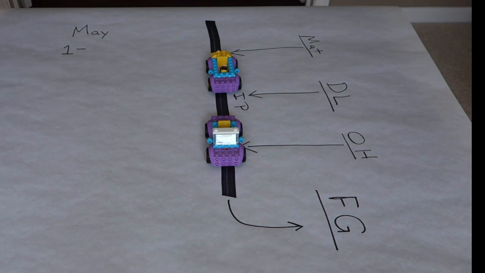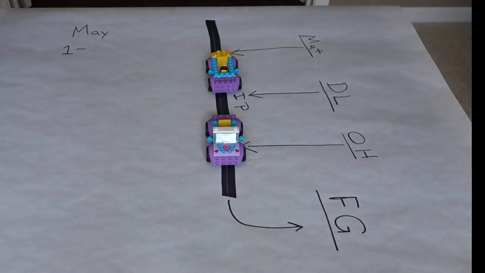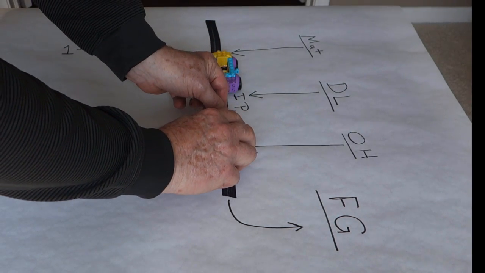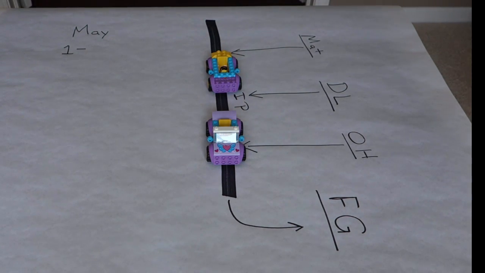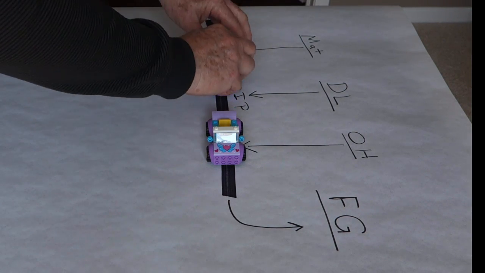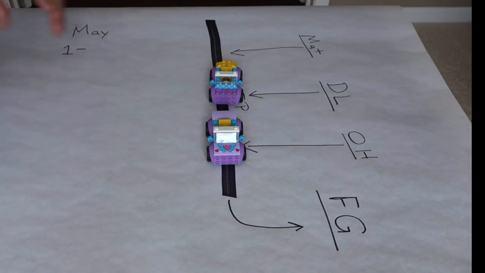And move further down the assembly line. And let's add a hood to the first car and a trunk. And let's add a windshield to that second car.